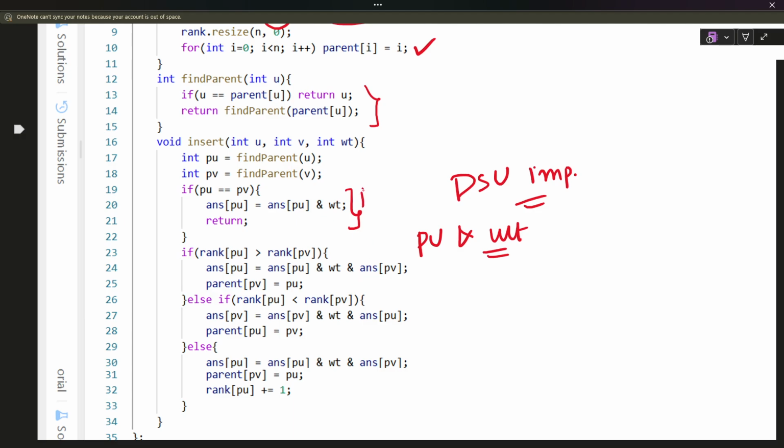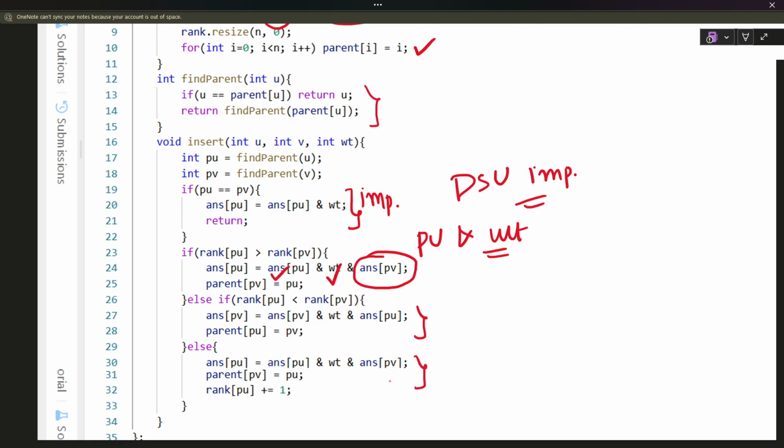This is important. If the rank is greater, we do the AND of the parent of u's answer and the weight which has come, and this is the new component which we are adding. So we are doing the AND of it also. The same way we are doing here and here.